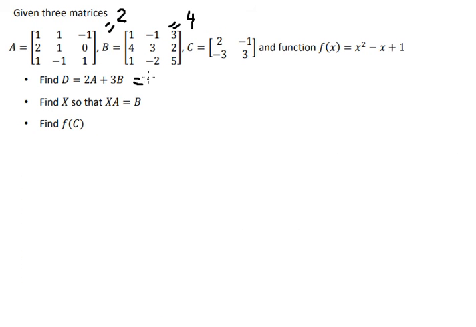So we have 2 multiplied with number 2, and we have number 3 multiplied with number 4, and we got about 16.